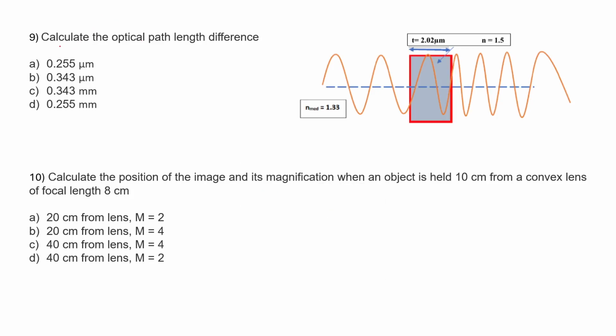So the ninth question says, calculate the optical path length difference. So first we need to know the formula for the optical path length, OPL. When the medium is different, then the optical path length is, just a second.